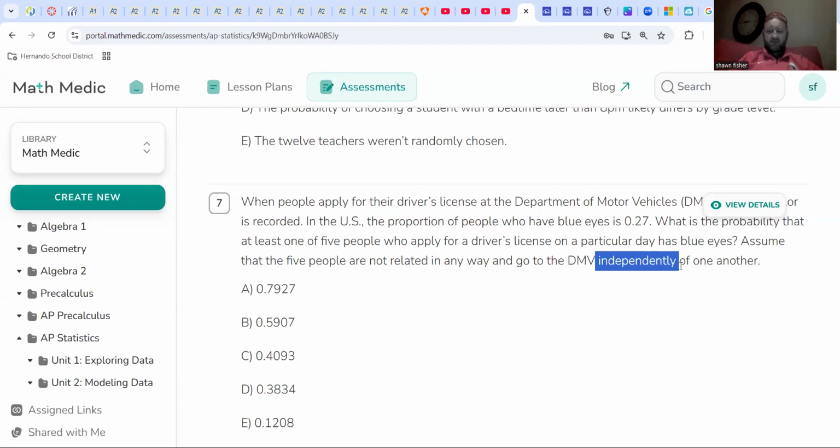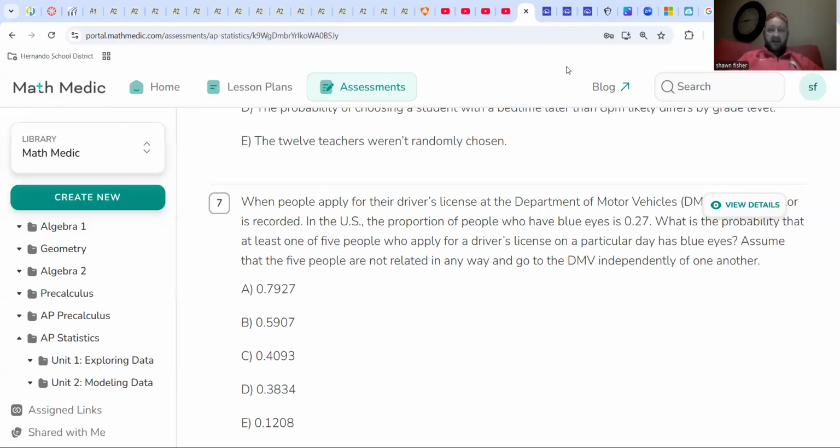Assume that this is independent. Okay. Is the number fixed? Well, yeah, I got 5 people that we're trying to look for. Okay. And does everything remain the same? Well, yeah, that probability won't change as we go through the 5 people.